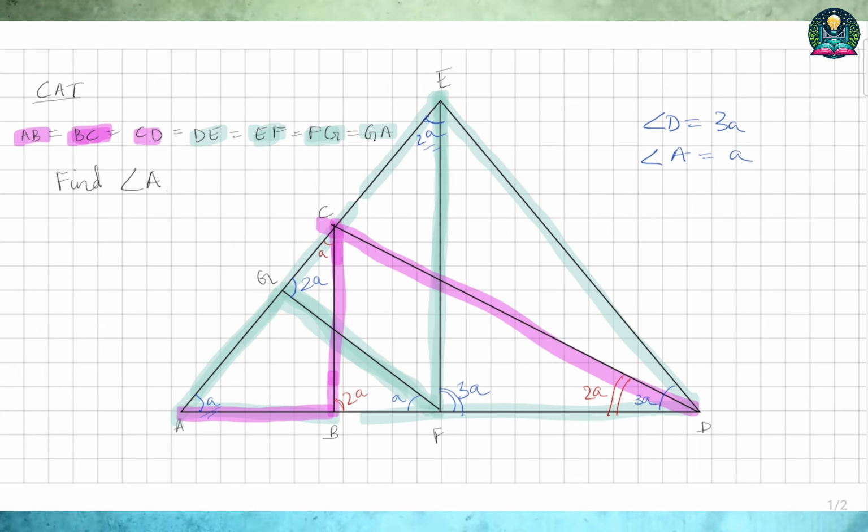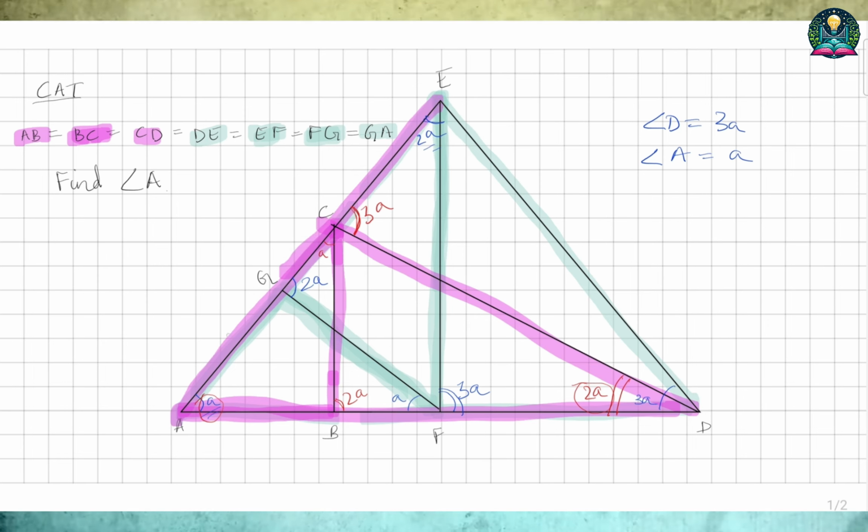Now if we look at this big triangle ACD, which I have outlined for you, can you guys tell me what the exterior angle ECD would be? Now that we've been solving these exterior angle problems for a while, you should be instantly able to tell that the exterior angle is the sum of A and 2A, which is 3A.